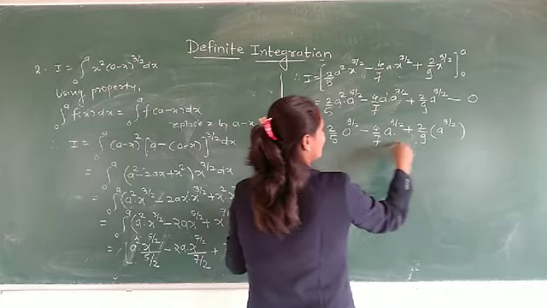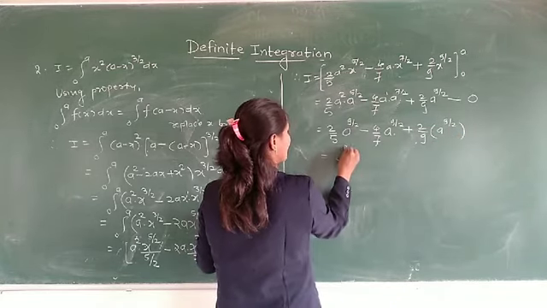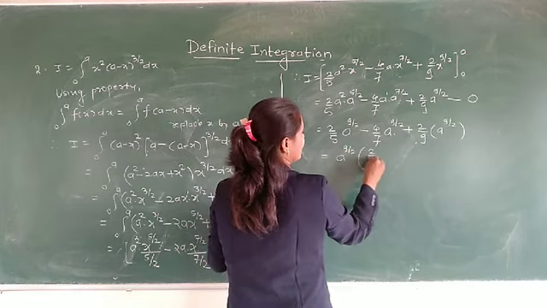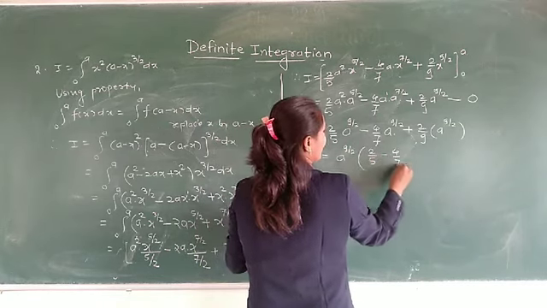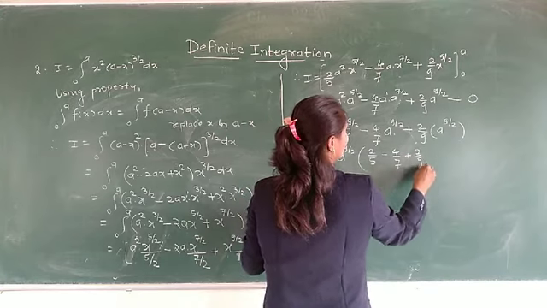Now in these terms we take a raised to 9 by 2 outside, in the bracket 2 by 5 minus 4 by 7 plus 2 upon 9.